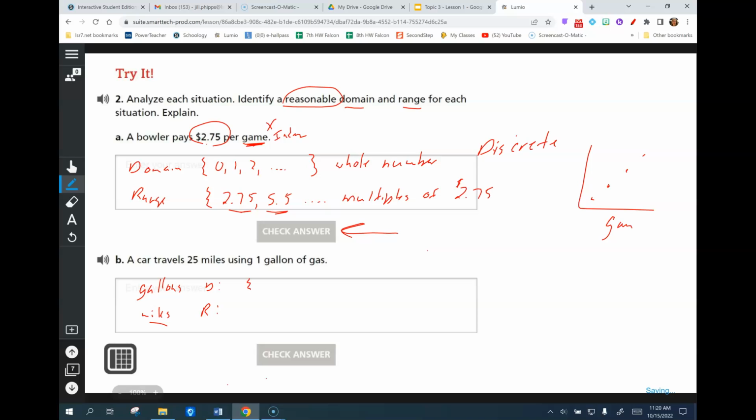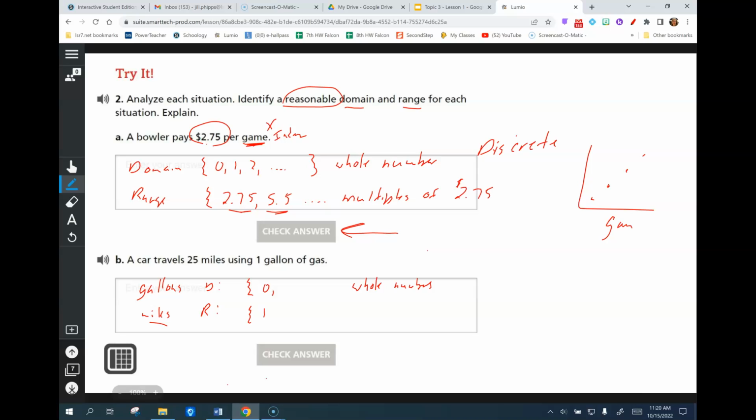Okay, so what can my domain be? How many gallons can I have? I can have 0, I can have a half a gallon. So this one, if I would be describing it, would be whole numbers starting at 0. My range is going to be starting at 1. Okay, I can go a half mile.